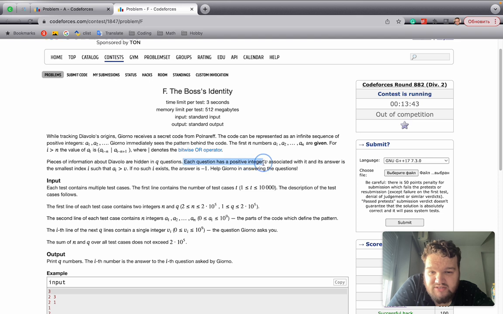Each query is a positive integer v, and the answer to the query is the smallest index i such that ai is greater than v. Right.